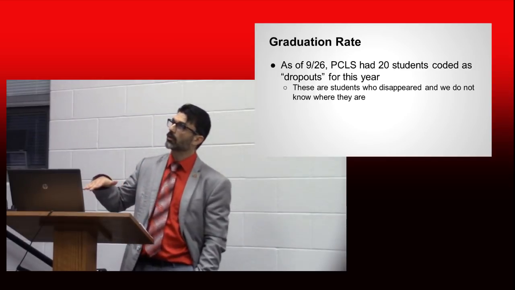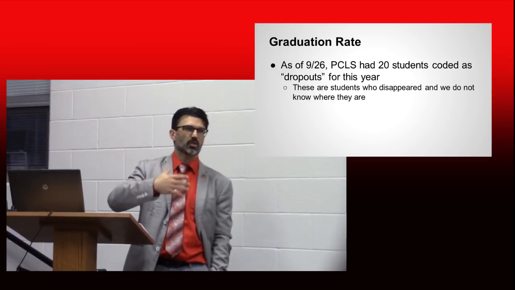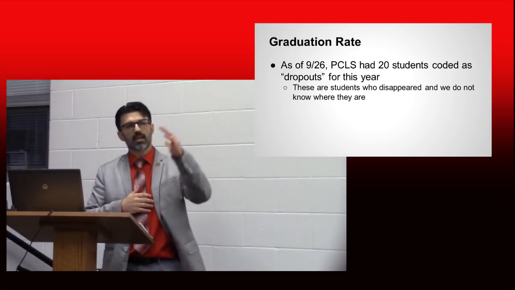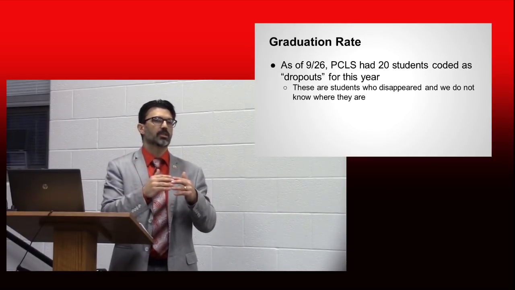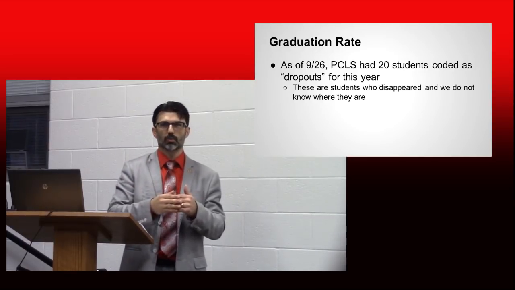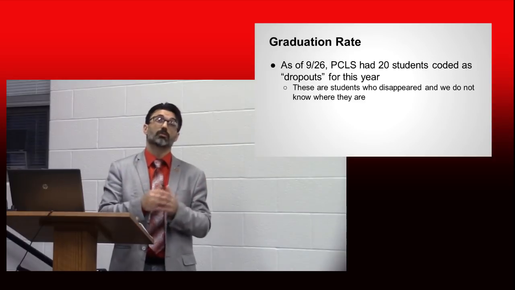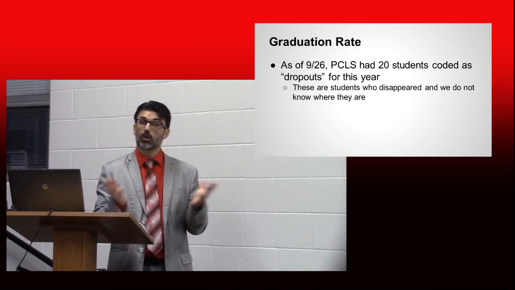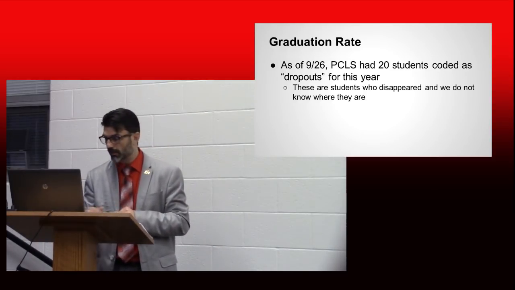So when you look at graduation rates, and we know that we as districts get compared with one another, oftentimes when you look at our rate, and if you see our rate is a little bit lower, understand that it's not just a function of our kids failing to meet the requirements to graduate. We do have those kids. We still have kids who fail to meet the requirements. But we do have a lot of kids in each cohort who just disappeared. Okay? And that matters in terms of our rate.